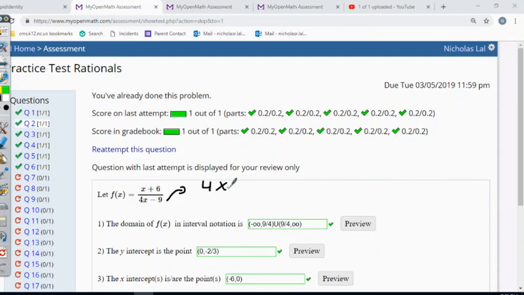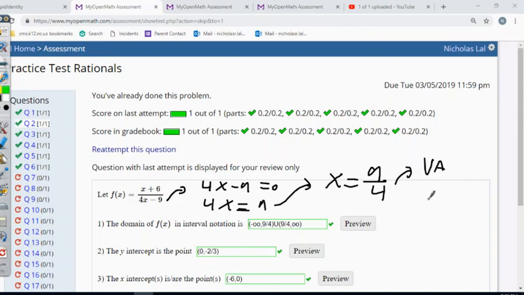So 4x minus 9 is equal to 0. 4x is equal to 9. If 4x is equal to 9, then x is equal to 9/4, and because that does not cancel out, this is our vertical asymptote, and the vertical asymptote is always a domain restriction.